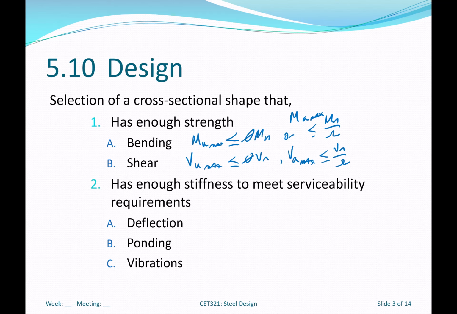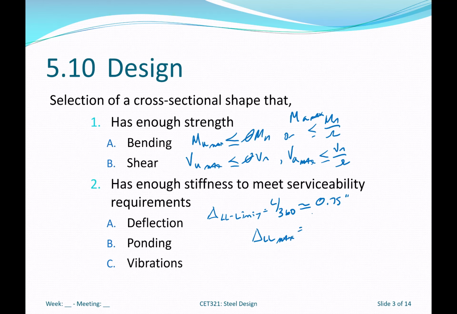Then the other condition is deflection. There are other serviceability conditions, but deflection is probably the one we're most prepared to work on. Say I have a delta live load limit of L over 360, and let's say this works out to be 0.75 inches. Then I can have my delta live load max based on my loading.